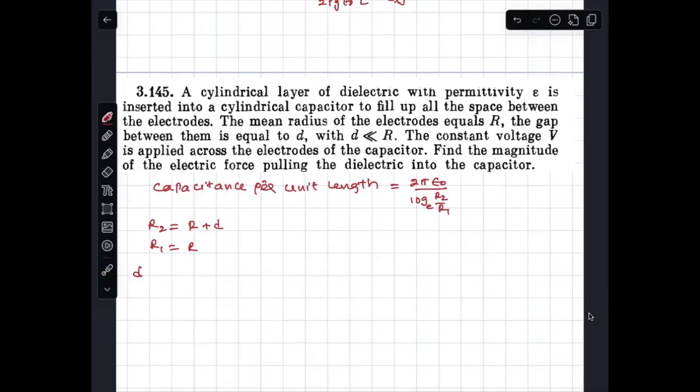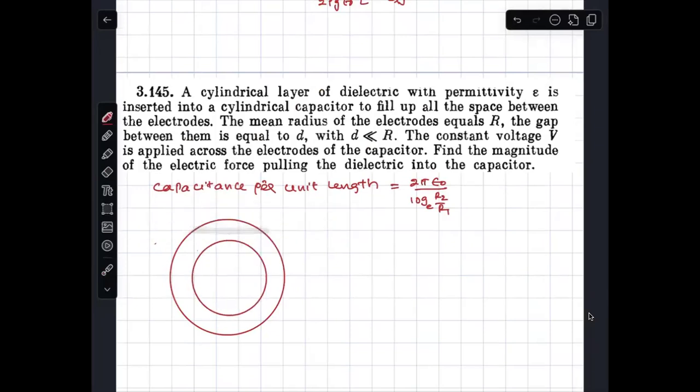R2 by R1 is the general formula, which means, hold on. If you see from the top, this is R1, this is R2. If this is the case, you are using this formula. Now the question is, after a smart modification, a cylindrical layer of dielectric with permittivity.